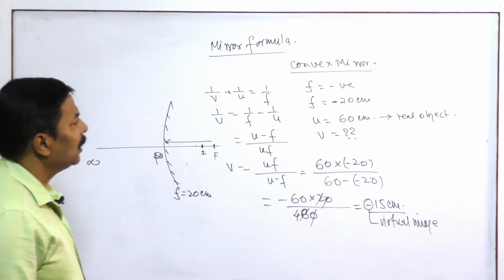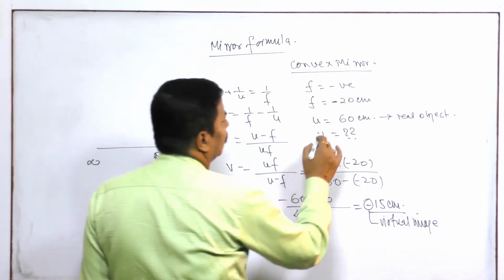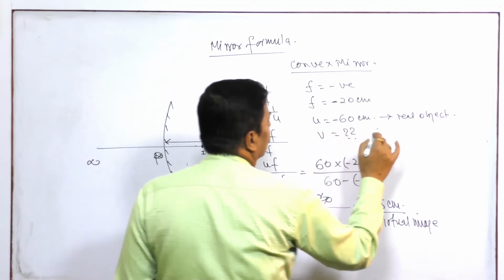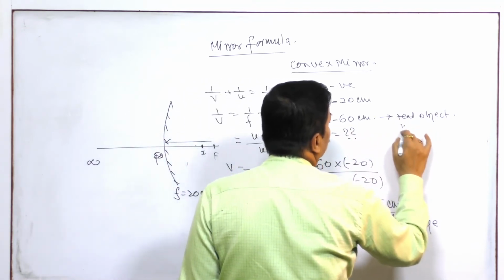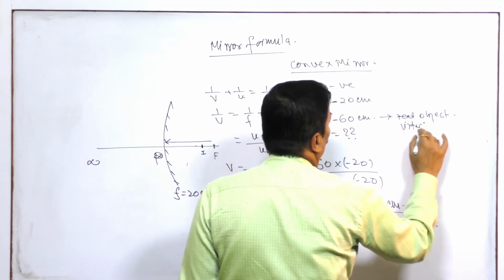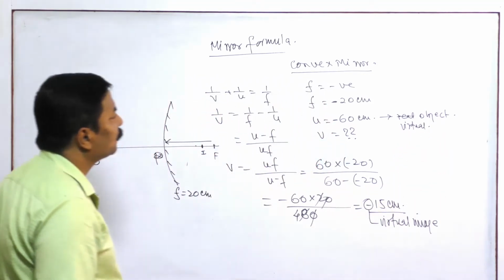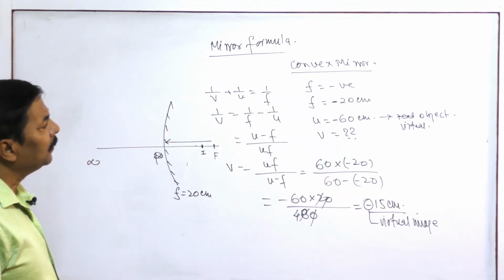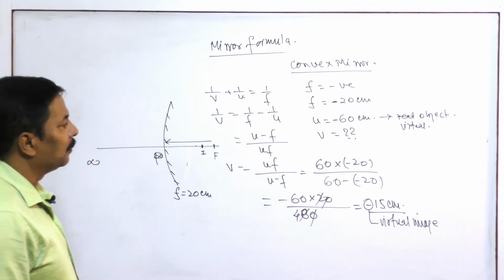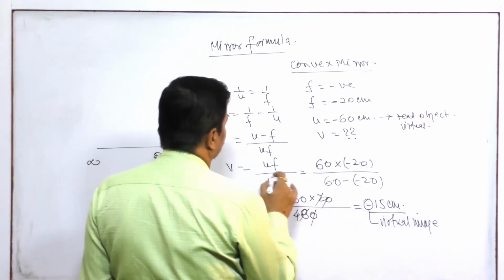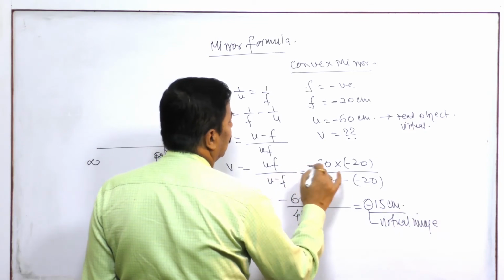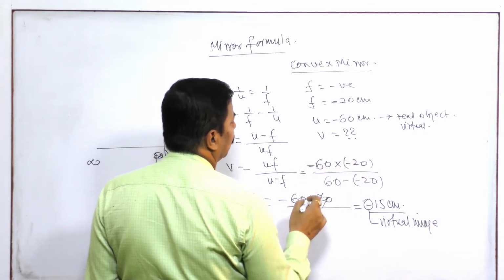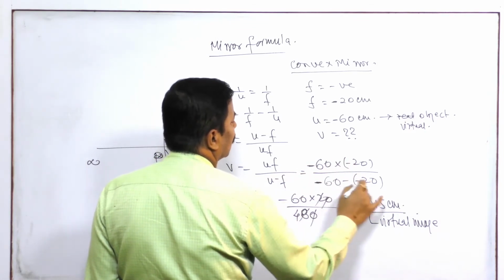Suppose U is minus 60, that means now it is a virtual object. If it is a virtual object, then V is equal to how much? V is equal to minus 60 into minus 20 by minus 60 minus minus 20.